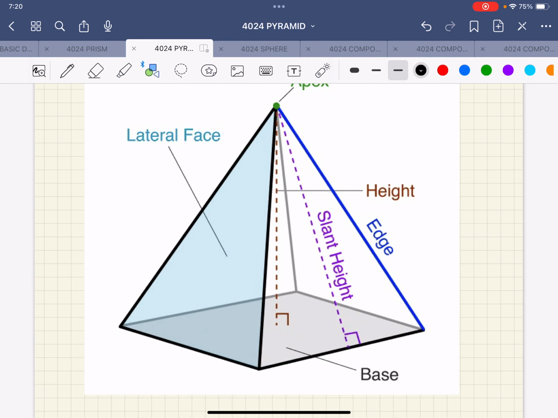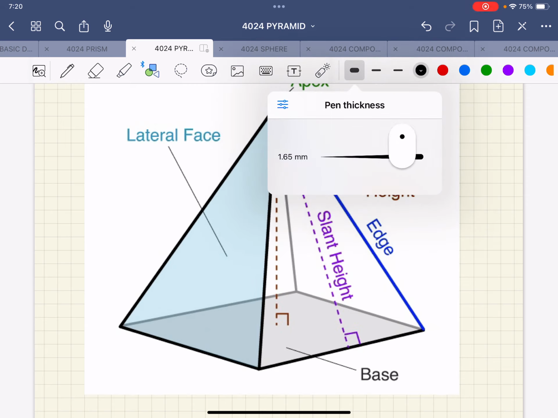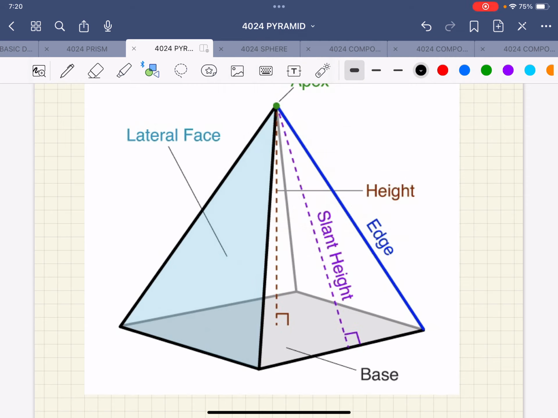Let me reduce the thickness. So green is the perpendicular height that goes like this, and the base that is in purple color goes like this, and the slant height is in red color. That goes like this. So another variation of the same figure.